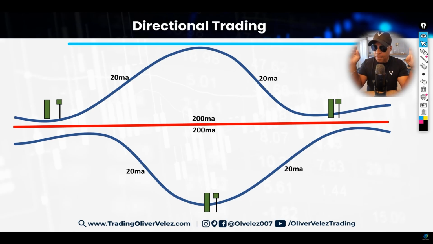In your narrow state, if you get an elephant or a tail bar that forms anywhere above the narrow state, and these can be touching a little bit, it doesn't matter, but as long as they're above the narrow state, above the items, above the 20, above the 200, if any of these two bars form there, your direction is very high probability up from here, up from there, up from there.